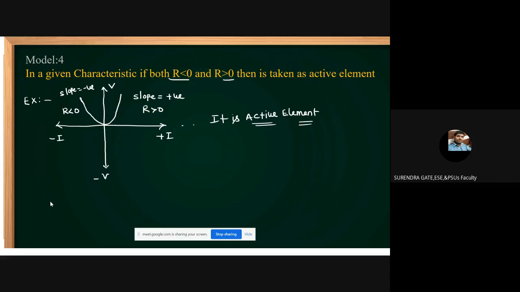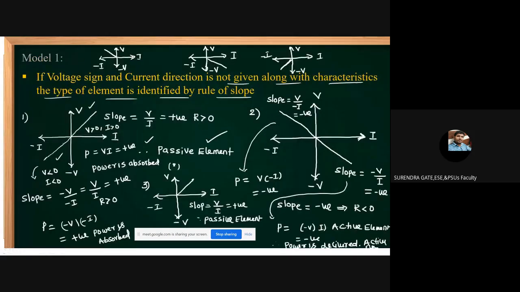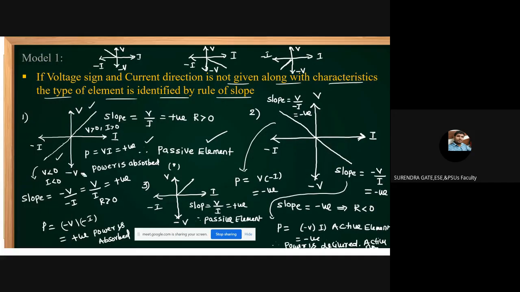Don't go for the power calculations. Maybe you got some confusion because exactly the opposite is taken in the third model. That's the reason why in the first and second model, don't make any confusion. It is better to go for only the slope calculation.